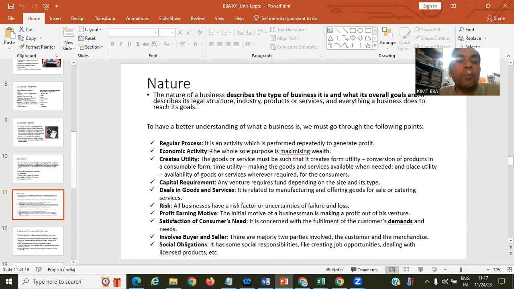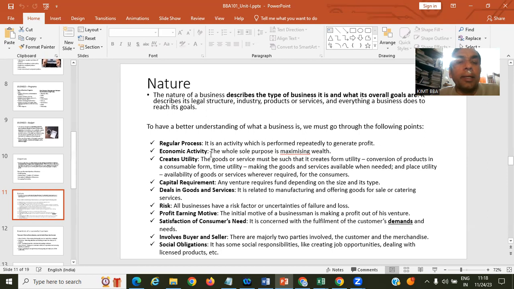Suppose at your home, someone is feeding you, someone is cooking, your father is working, your mother is cooking and every day giving some food to you. You are not paying. That is non-economic activity. So there is no intention of making profit out of it. If you are doing something out of love, affection, that is non-economic activity.